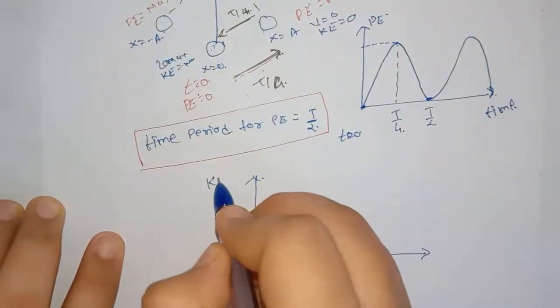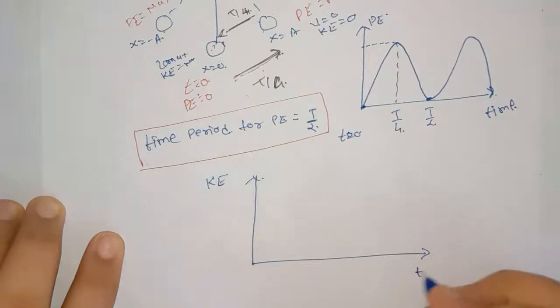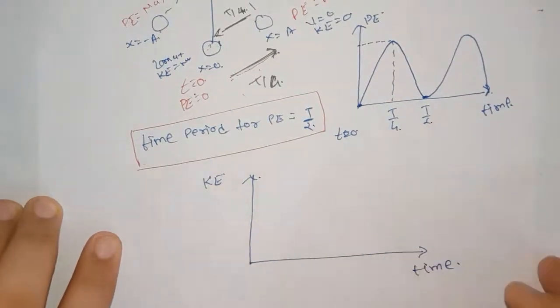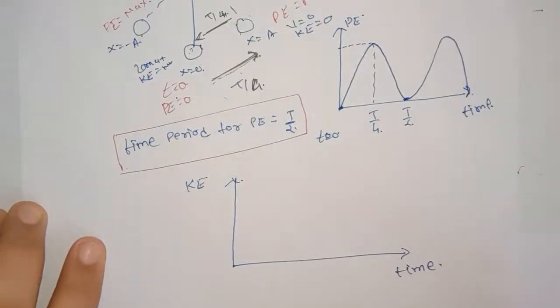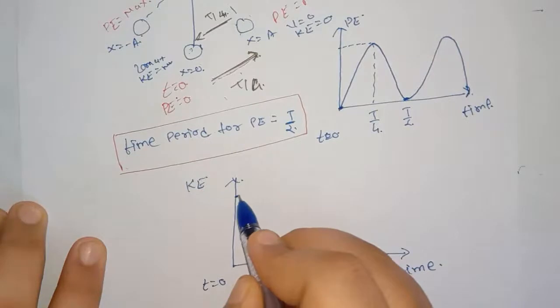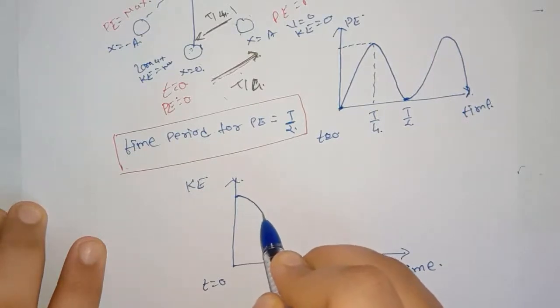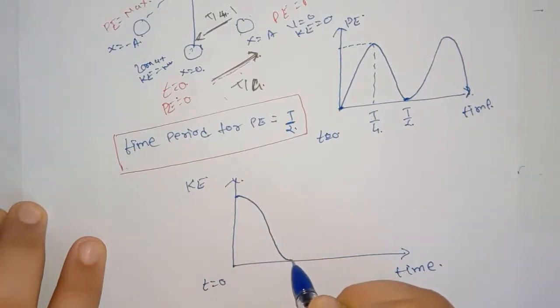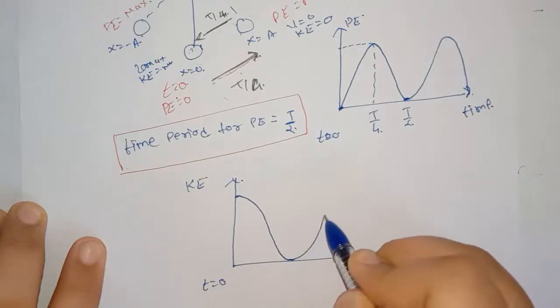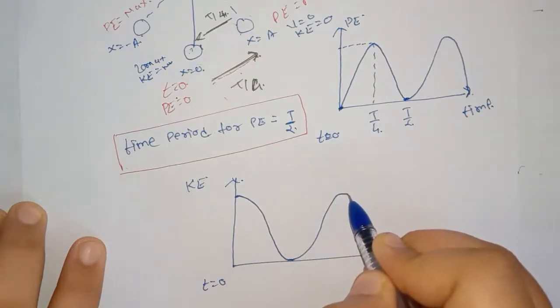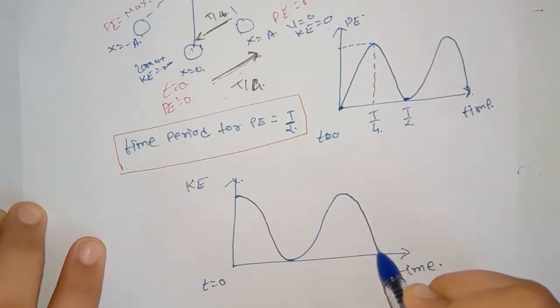Let us draw the graph for kinetic energy and time. At t equals 0, the kinetic energy is maximum. Then gradually it will decrease. Again it will be maximum. Again it will decrease.